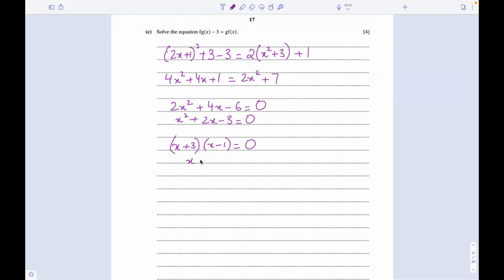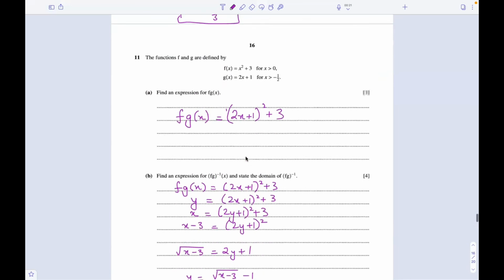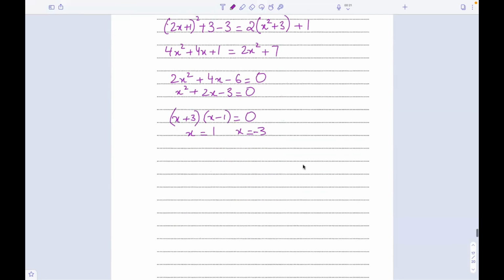So the two values of x are x equals 1 and x equals minus 3. Now from above, we have the domain of x, so the values of x must be greater than 0, and for gf of x, the values of x must be greater than negative half. So we know that negative 3 is not in the range of the values of x, so we'll ignore this, and the solution would only be x equals 1.